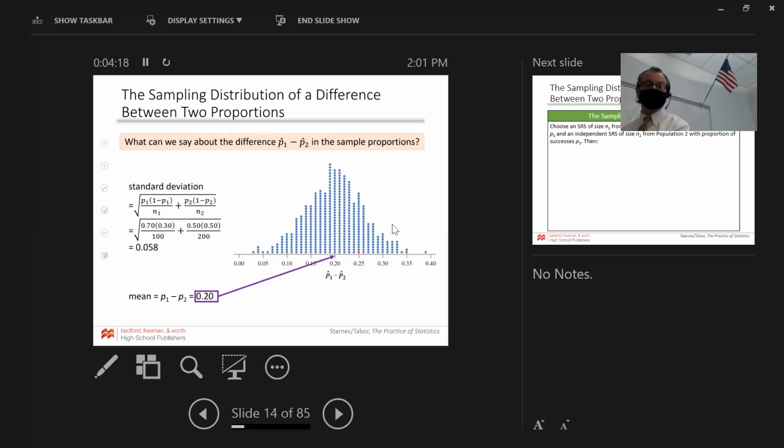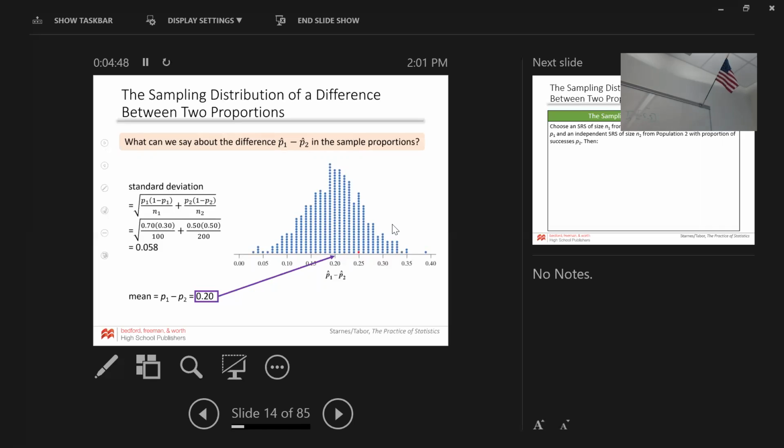There's the center. Now, here is the step for the difference of two proportions. Ready? This is the variance for school one. Before you take the square root, that's the variance for school two. You add these variances and you take the square root of that. Which means what? That it's about 6%.